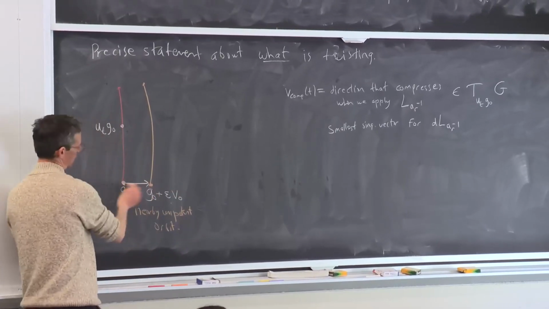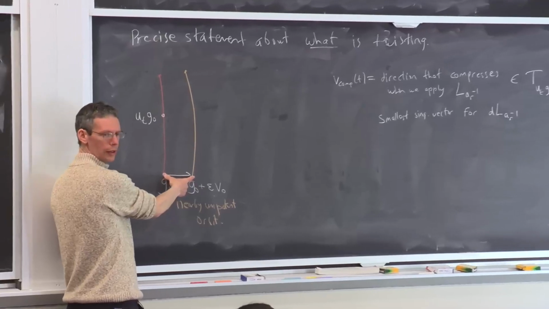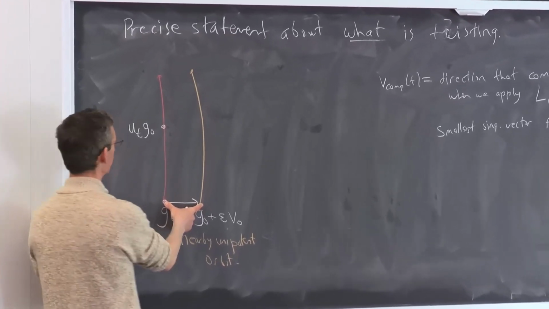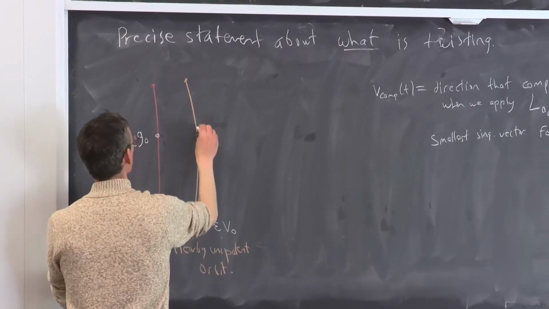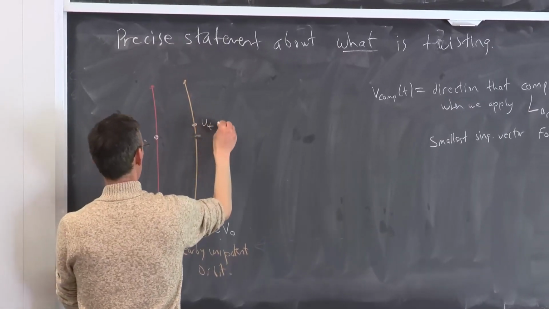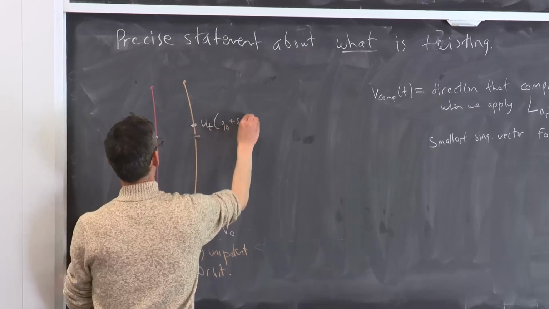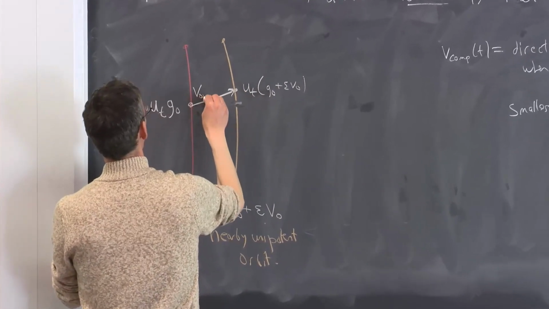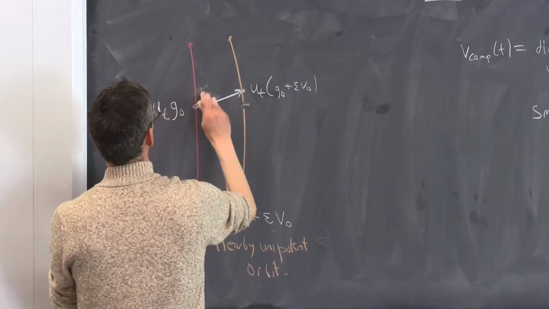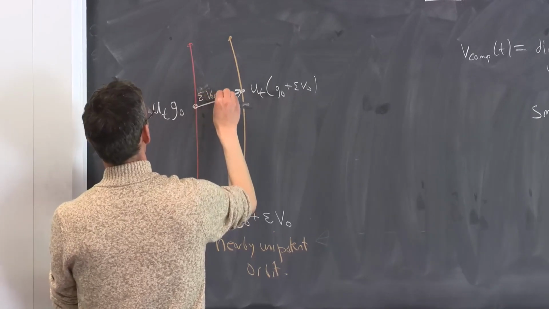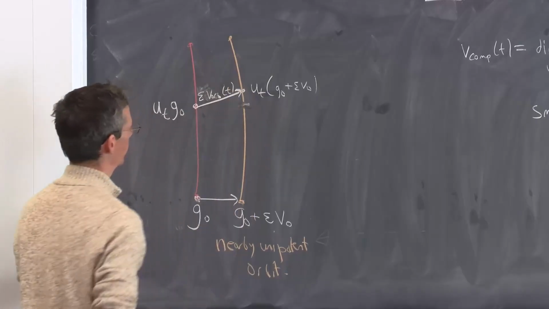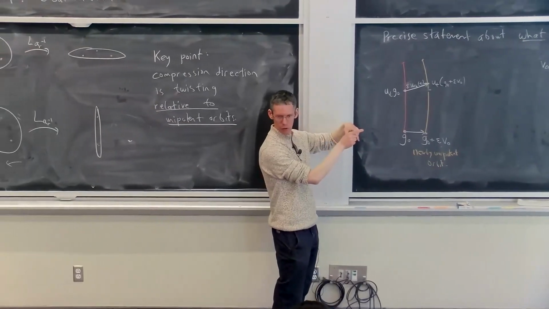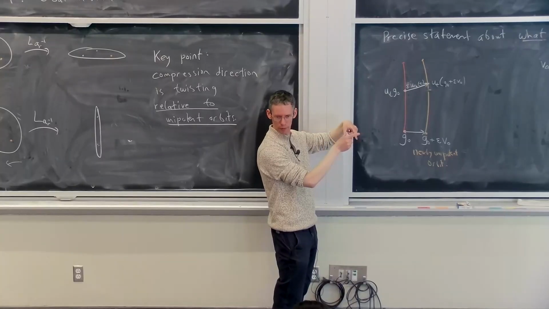Epsilon times v naught is a little vector that goes between the starting points of these two nearby unipotent orbits. And up here is u_t of g naught plus epsilon v naught, and there's a vector that goes between them, epsilon times v orbit of t. So v orbit of t is going in the direction from the red orbit to the orange orbit.